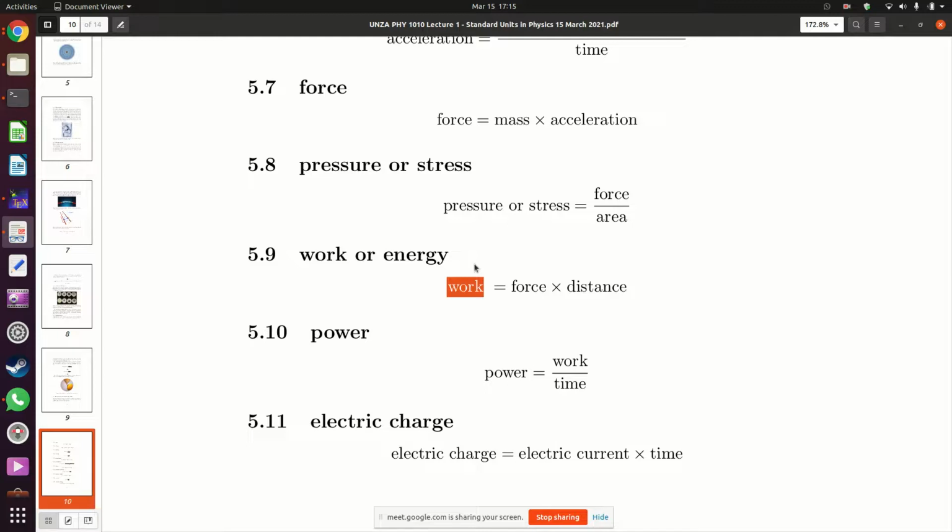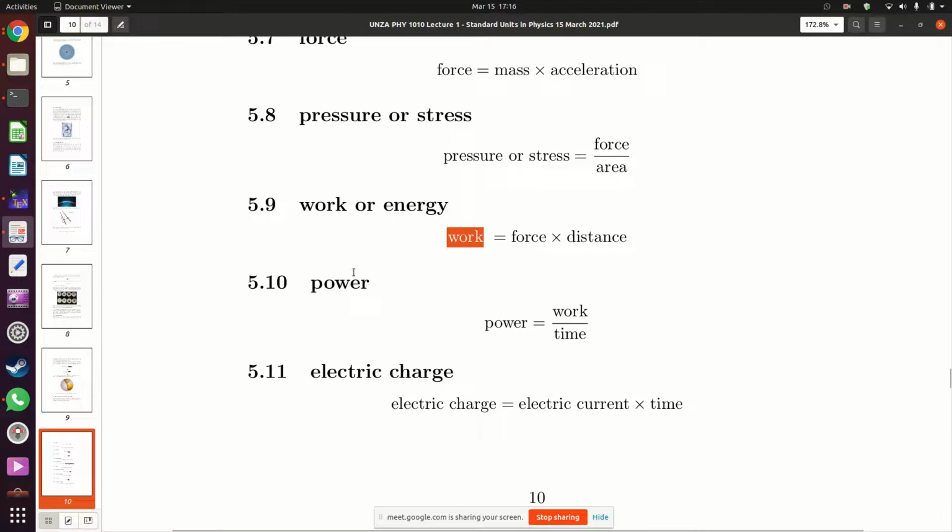So if the velocity of an object changes, there has to be some distance which has been moved. So the force you have applied times the distance moved by that object gives you the work you have done. You cannot do work if there is no distance moved. For the distance to be moved, a force should have been applied. So these things are related in this manner. You are carrying out a multiplication of force times distance to get work.